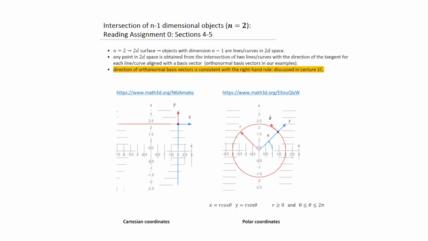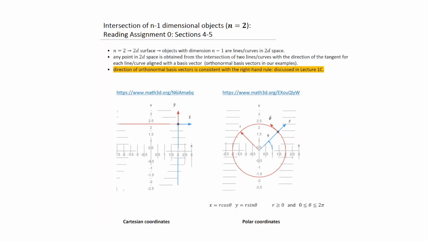So we have a basis vector that's tangent to the circle at the position shown in black. We call that theta hat. It's a unit vector. And then there's a vector perpendicular to that surface in a radial direction, which is r hat.